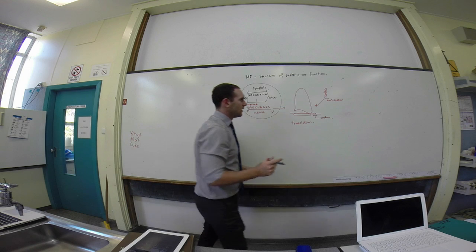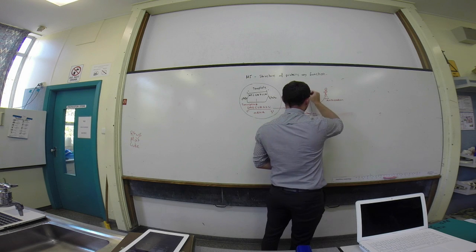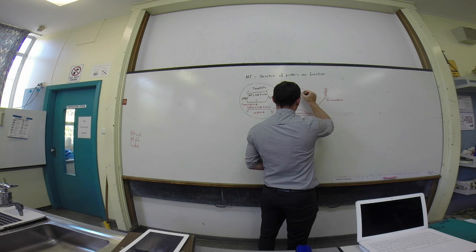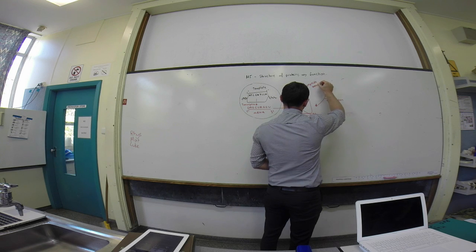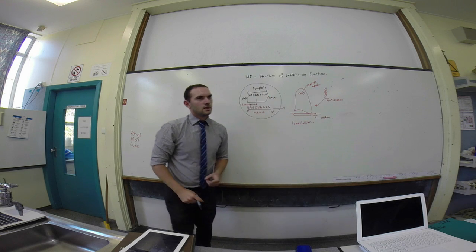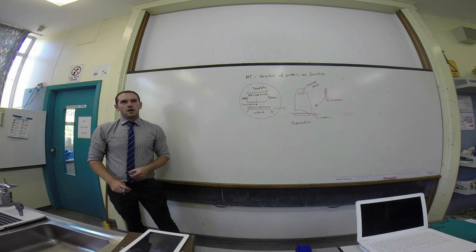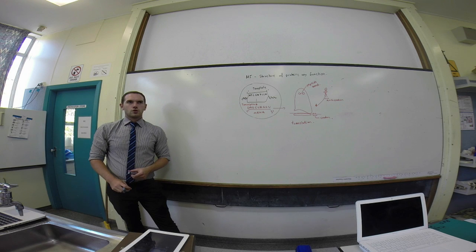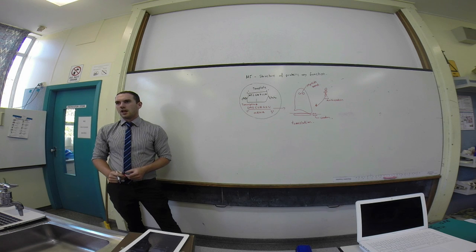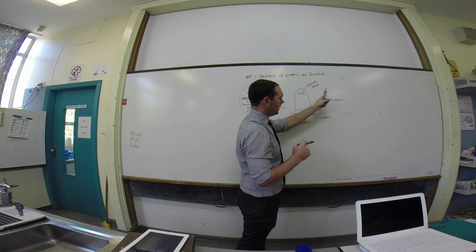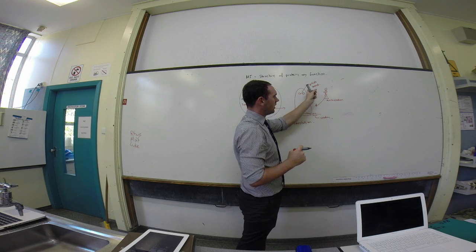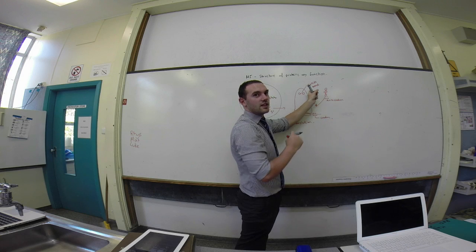When 2 adjacent amino acids get close to each other in the ribosome, we form a peptide bond. Is that the same as the hydrogen one? No. So where does the hydrogen bond occur? A hydrogen bond occurs basically between different parts on the peptide molecule as it gets bigger.